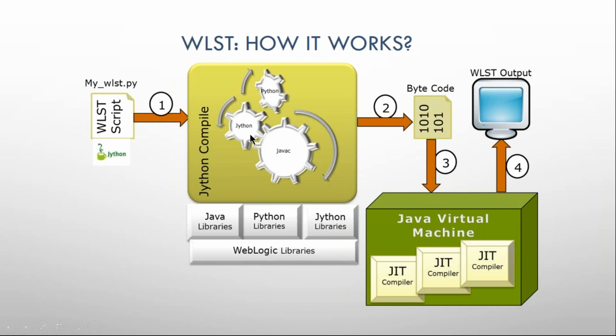And with every version, WLST is completely upgraded, keeps adding new functionalities and changing. So if I write a program in WebLogic 11g and you want to run it in 12c, it might be different.